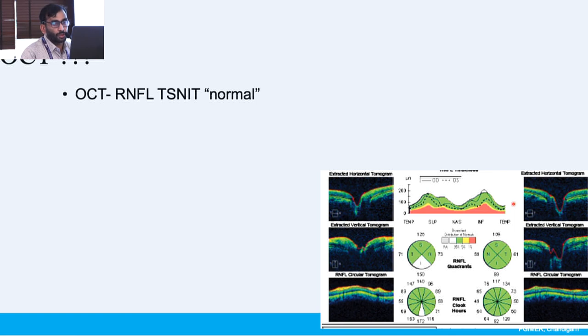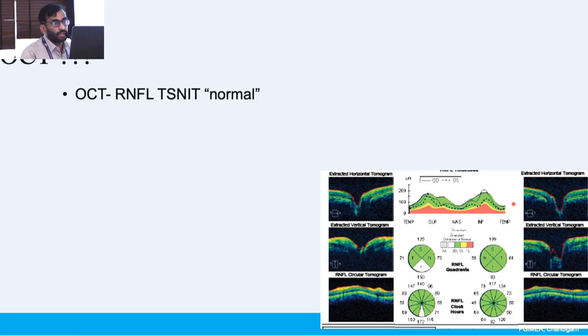Why did the OCT not pick up the lesion? Because, as I already mentioned, everything was crowded in that particular patient, and statistically the thickness fell within the normal region of the normative data. That's why the OCT labeled it green, even though the disc appears glaucomatous, with evidence of high IOP and visual field changes also.